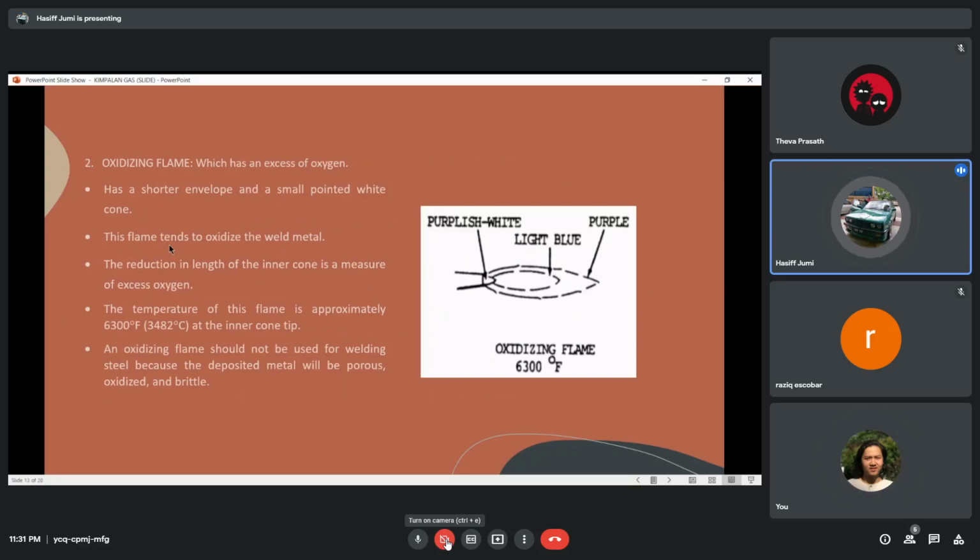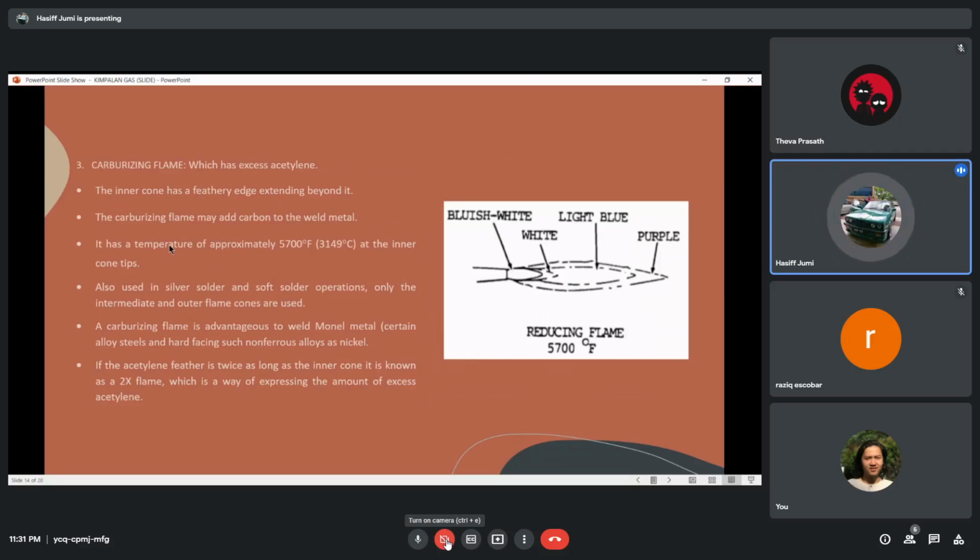It has a shorter envelope and a small pointed white cone, and its temperature is about 6,300 degrees Fahrenheit. This one is the carburizing flame, which has an excess of acetylene, and it has a temperature of approximately 5,700 Fahrenheit at the inner cone tips.